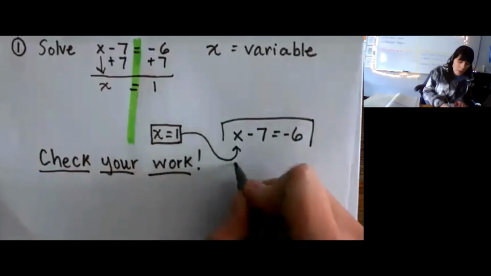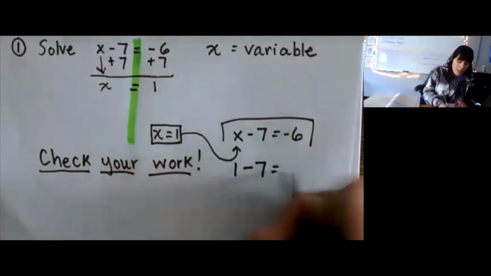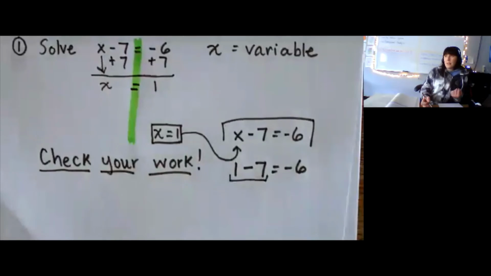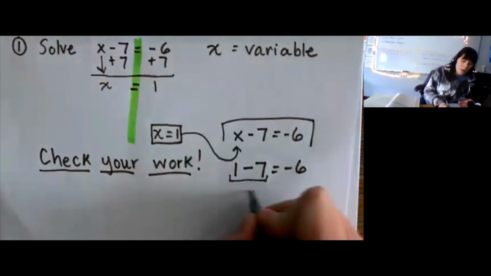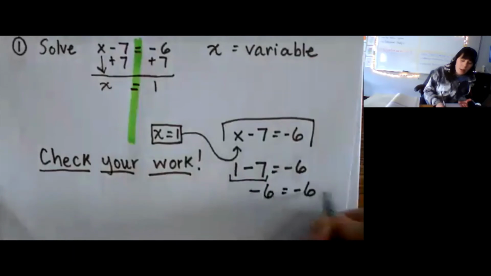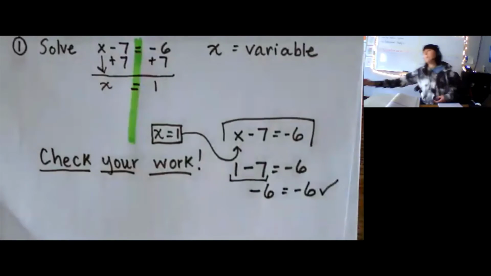So it would be 1 minus 7 equals negative 6. Solve the side that had the unknown variable. And if you get the same answer on both sides of the equation, then you did your problem correctly. So it would be negative 6 equals negative 6, and you did your work correctly.